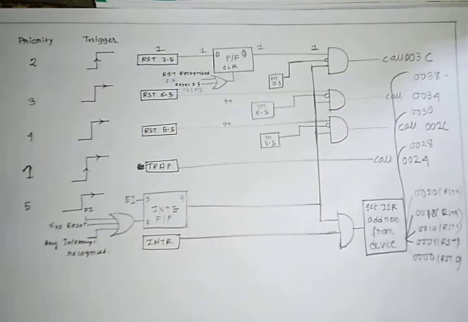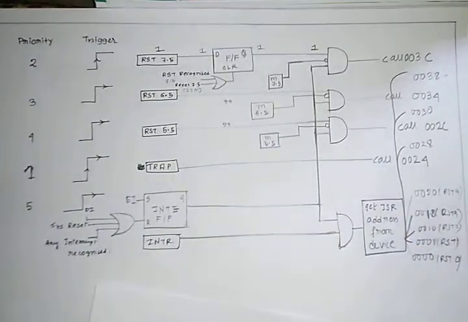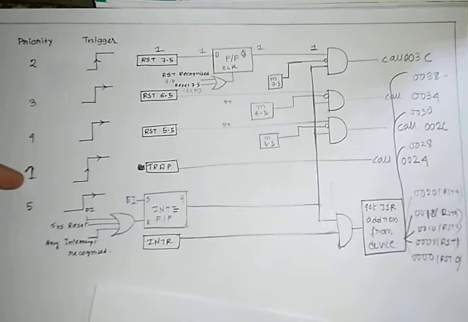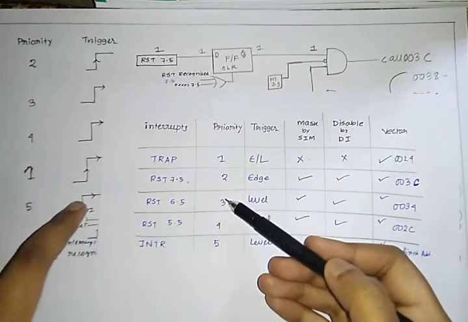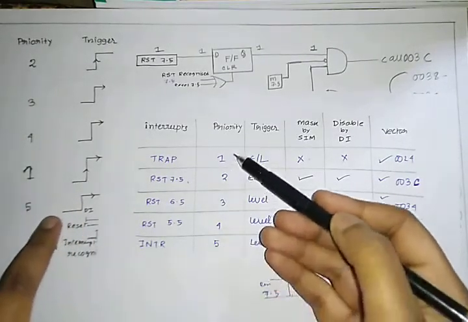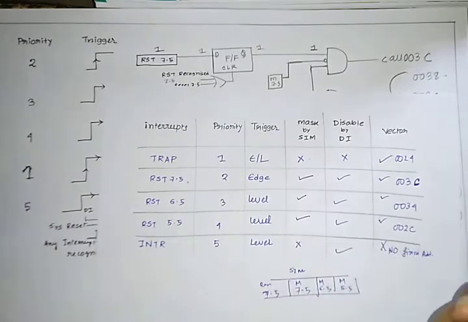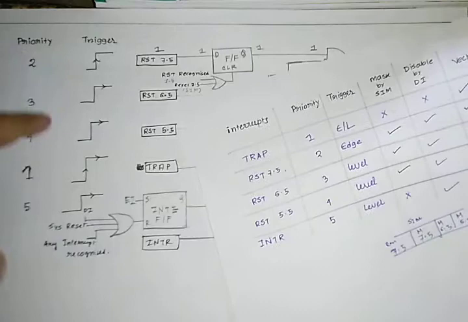In the chip, they are prioritized and situated like this: 2, 3, 4, 1 and 5. What is on 2? RST 7.5, 3 is 6.5, 4 is 5.5, 1 is trap, and the next one is INTR. Okay, so first, the triggering.